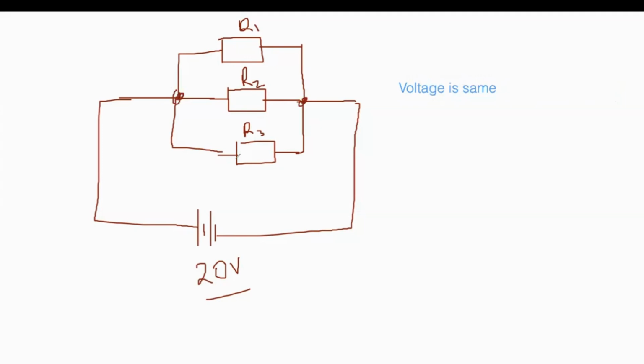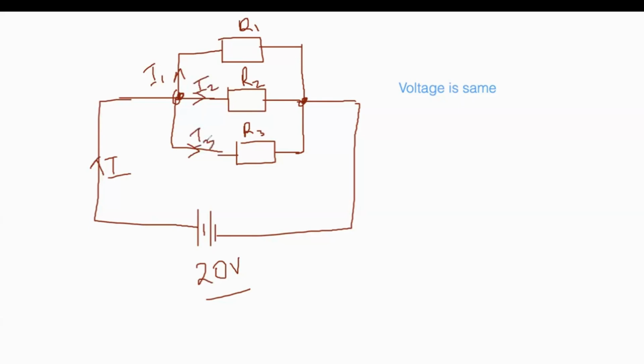But current is different. Let me consider that current I is flowing here. But here, current is going to be divided into three branches. I1 will go here, and this is going to be I3. Current is like flowing water, I told you, right? It has to get divided when it is in parallel.